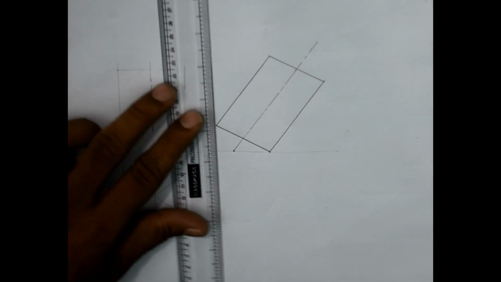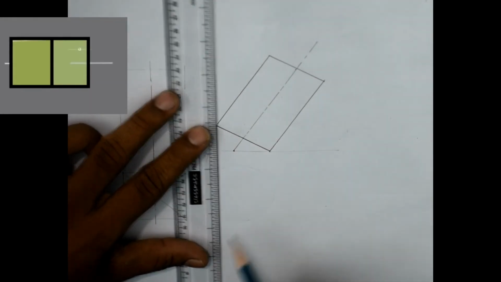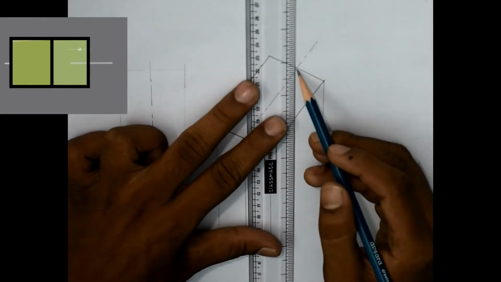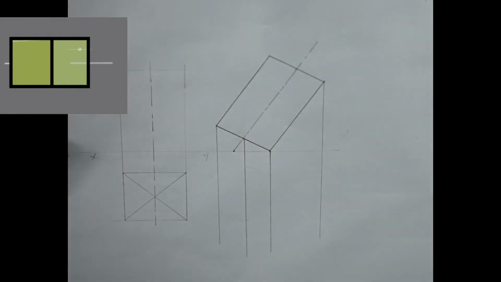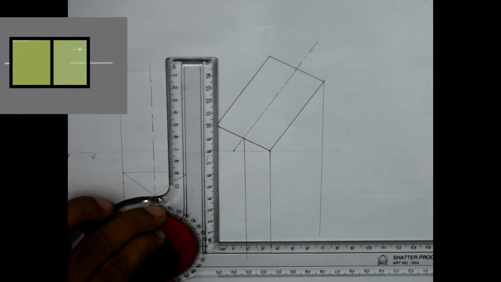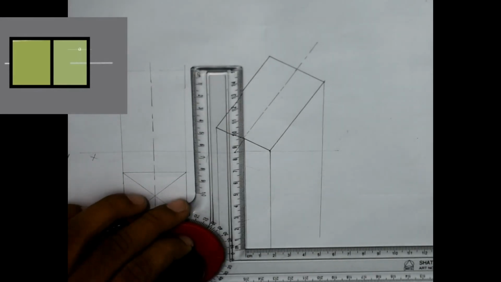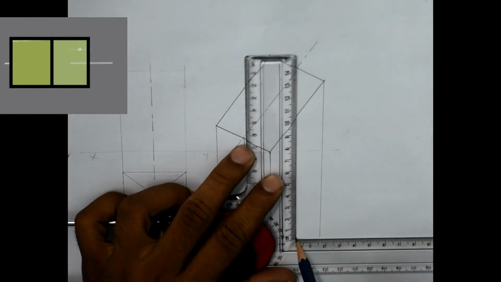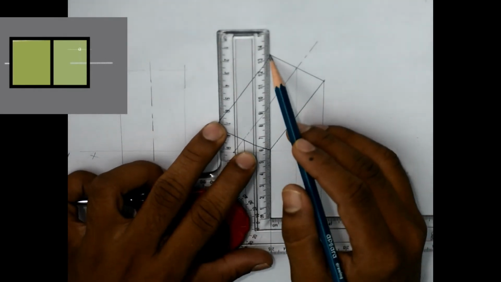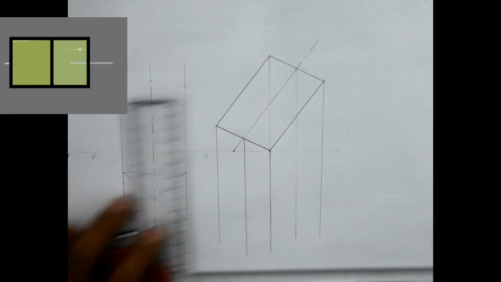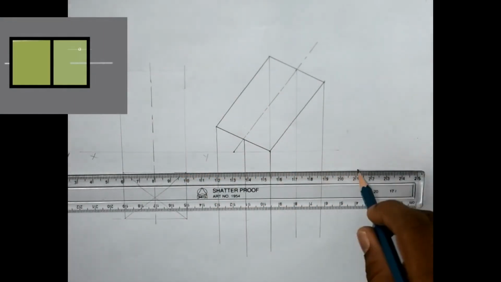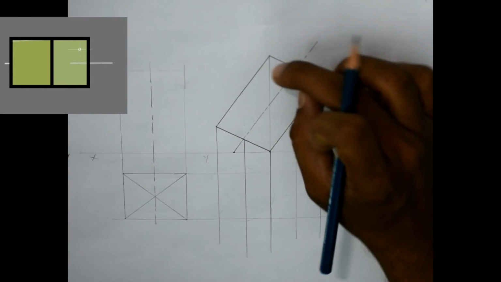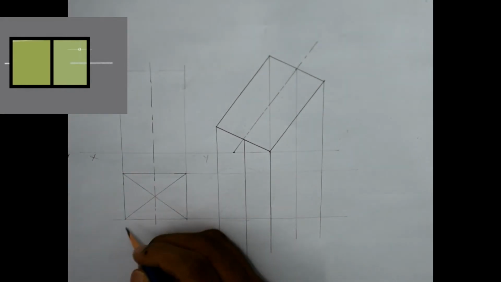Now to get the top view projections from the front view, to get the shapes which are visible from here and here, I need to mark some points here.